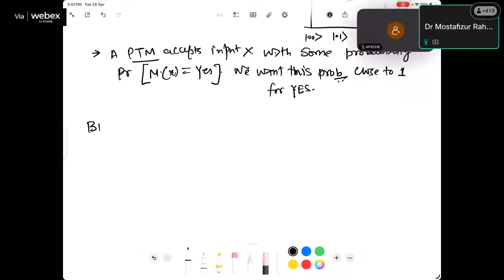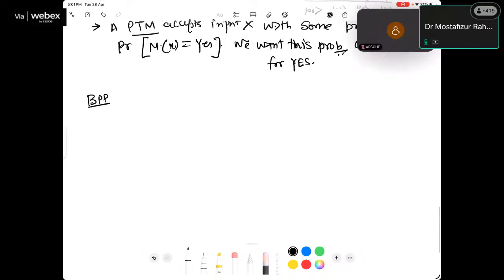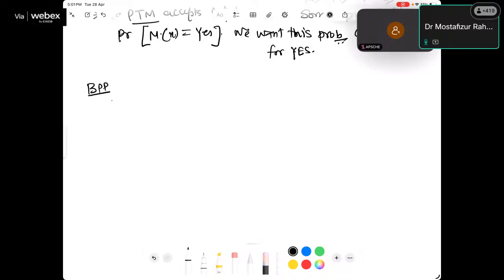One is called the BPP class. This is for classical languages, classical complexity theory. We say a language L is in BPP, where the full form of BPP is bounded-error probabilistic polynomial time algorithm. Because it's probabilistic, there might be certain error, and that error is bounded.